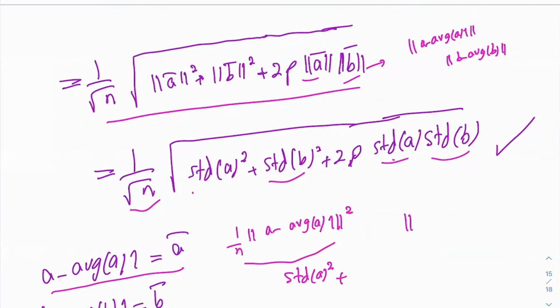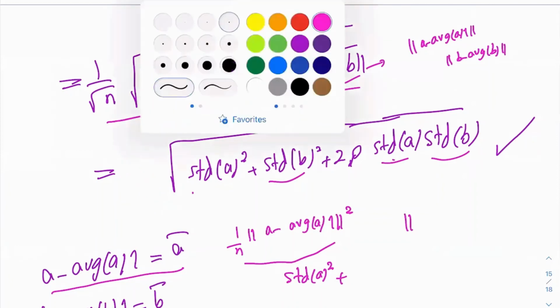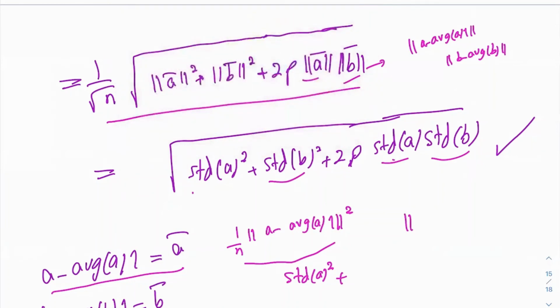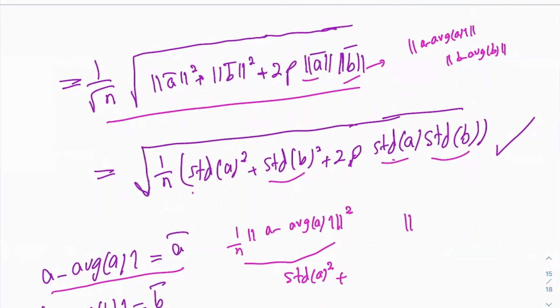Remember, when you bring this 1 over n inside, you square that, and that's why you get the standard deviation of A squared.